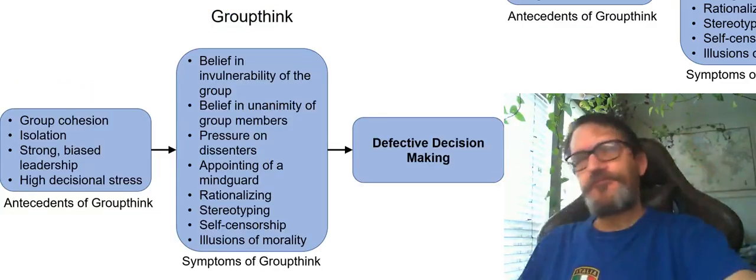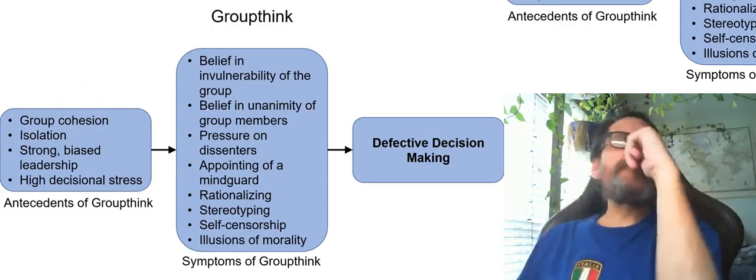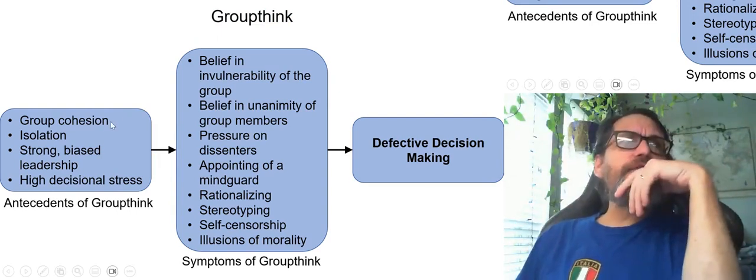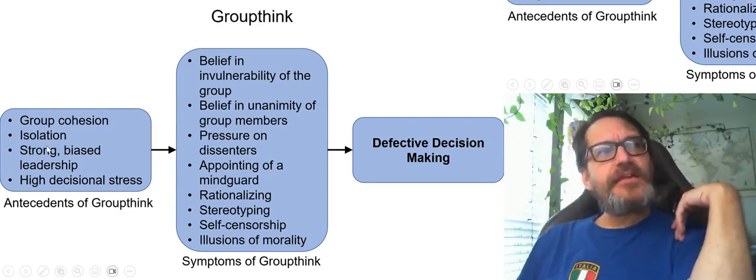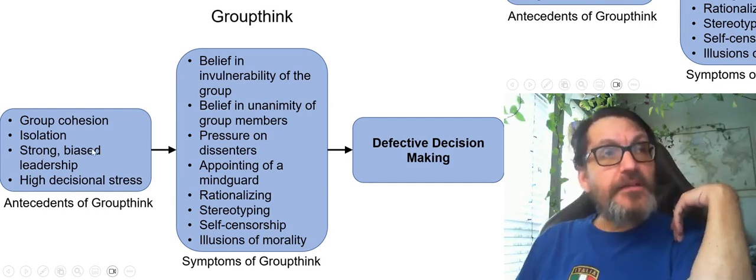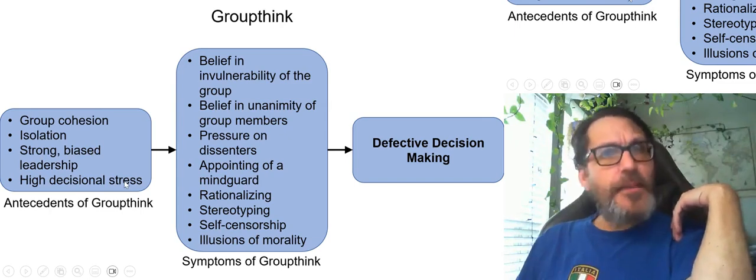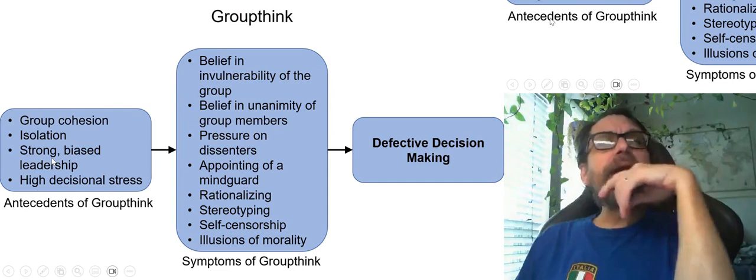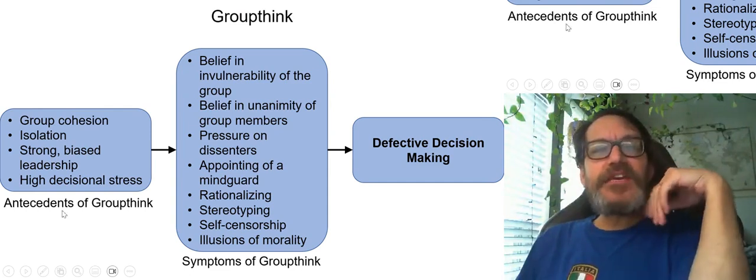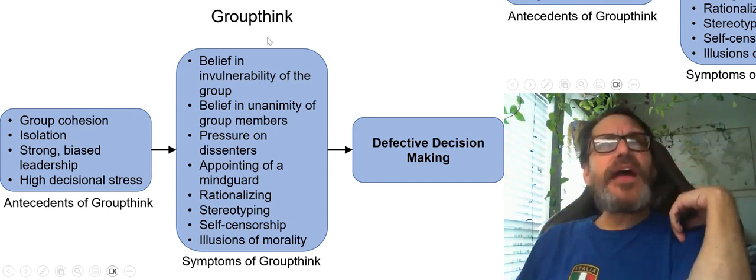We find that high group cohesion, a group that is isolated, a group that has a strong leader, but a leader that is incredibly biased, or high pressure, you've got to make your decision now. If these antecedents are present, you're likely to have groupthink.